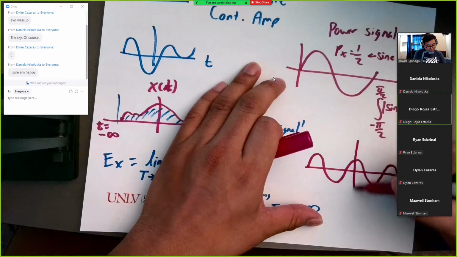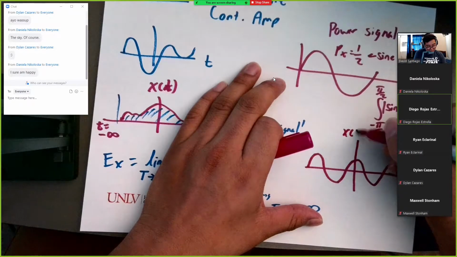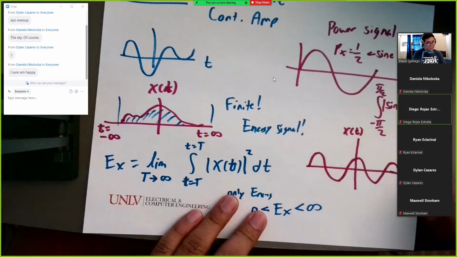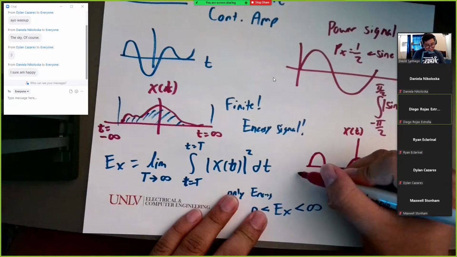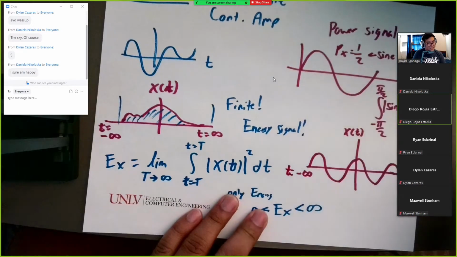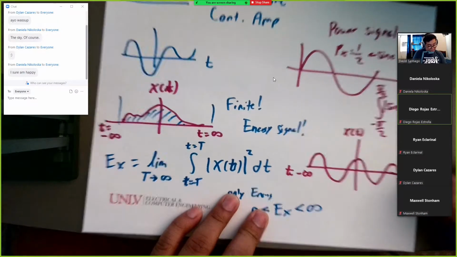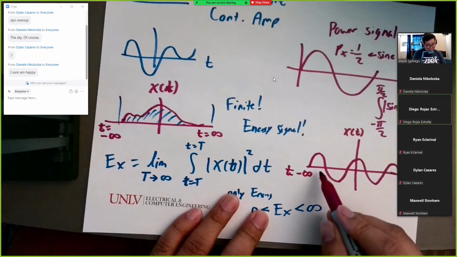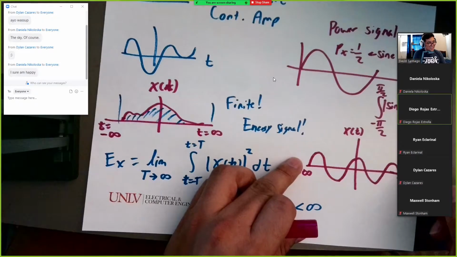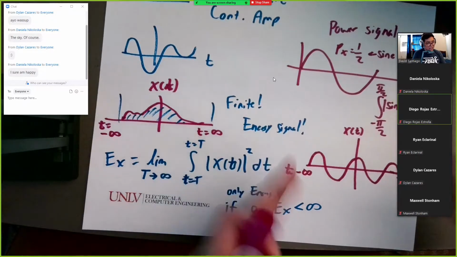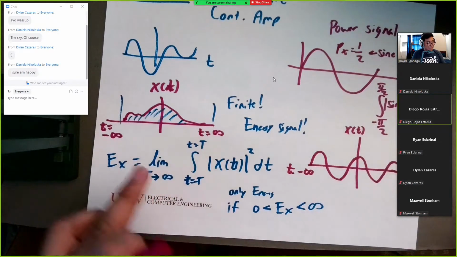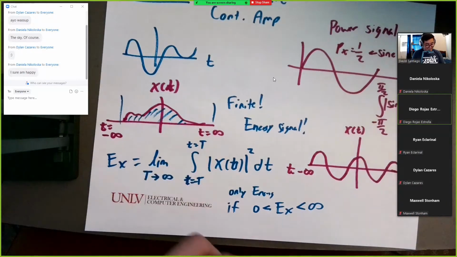So x of t keeps doing this periodicity from the beginning of time, t equals minus infinity, to the end of time. As you can see, if you were to add this entire signal and its absolute value, you're going to see that this number keeps getting bigger, which is bad.